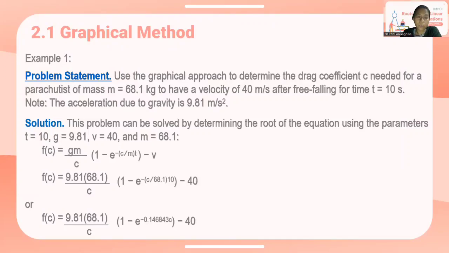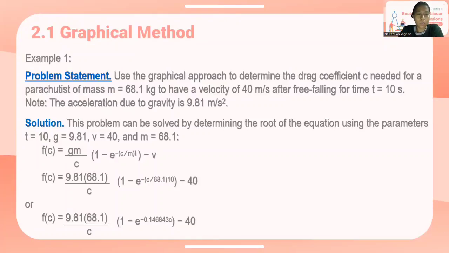So the function of C equals gravity times mass over the coefficient C, times 1 minus e to the negative C over mass times time, minus the velocity.